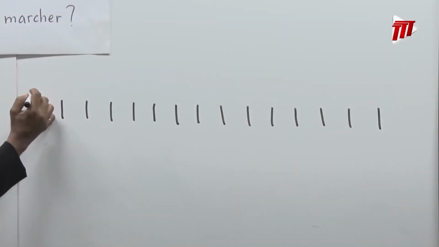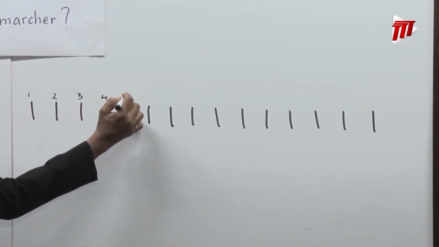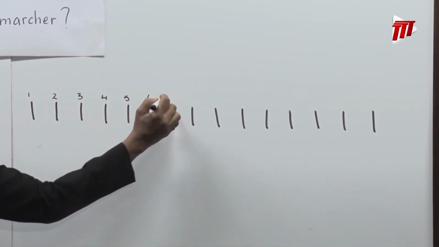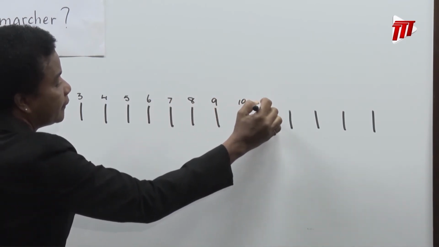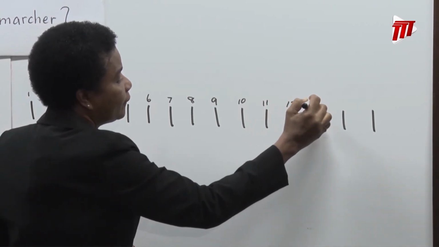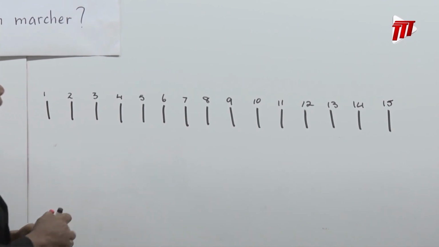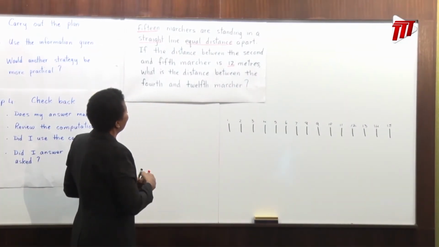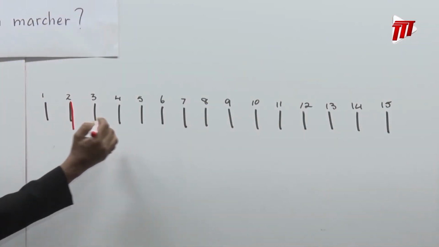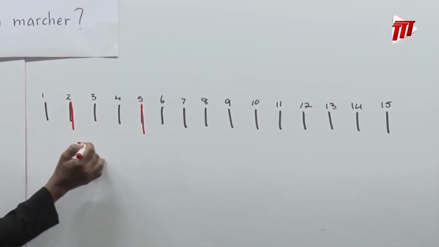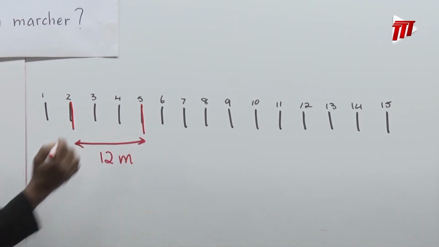Let us identify the second and the fifth marcher. So the distance between the second and fifth marcher, this distance is 12 meters.